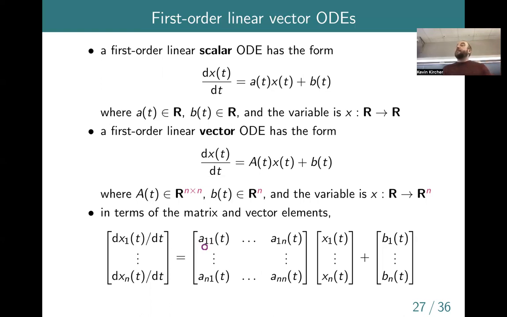Actually, I'm mixing up notation a little bit here. I said I would use capital A to represent the components of a matrix, and now I'm using lowercase a. I'll make little mistakes like that as I go. Anyway, A is just a bunch of functions, n squared of them. Then x, we have all these functions as well, and on the right-hand side, b, we have the functions b1 through bn.